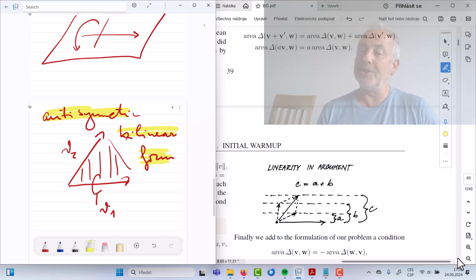And just browsing back a few pages in the notes, I could show you that the determinant has this property.